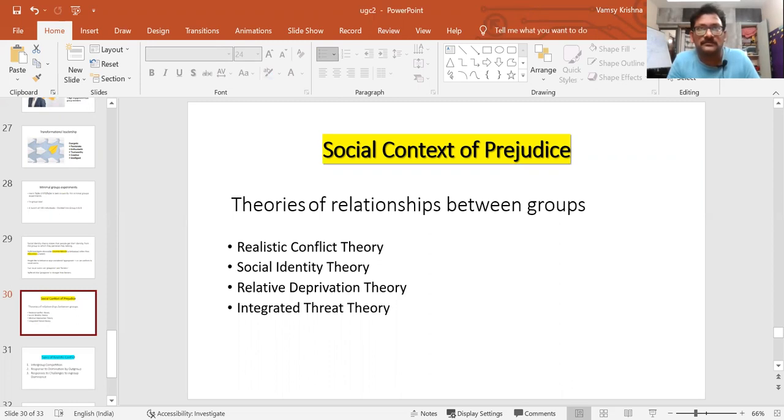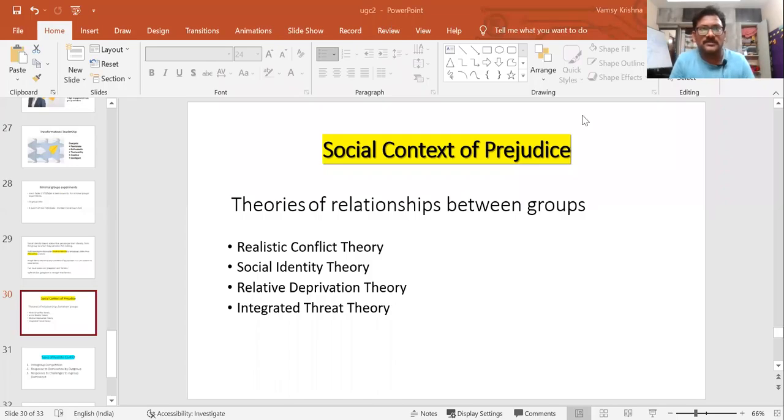It suggests that people come to dislike members of other groups because they see these groups as competing with their own group.